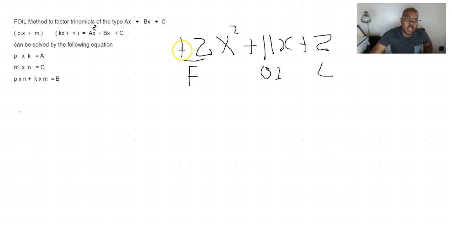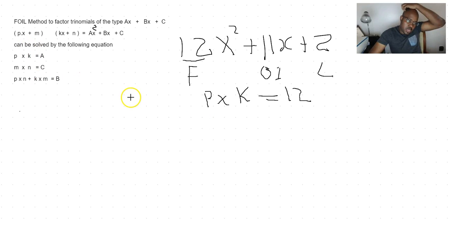If I want to solve it, my p times k equals 12. Okay, p times k equals 12, and I have m times n equals 2.